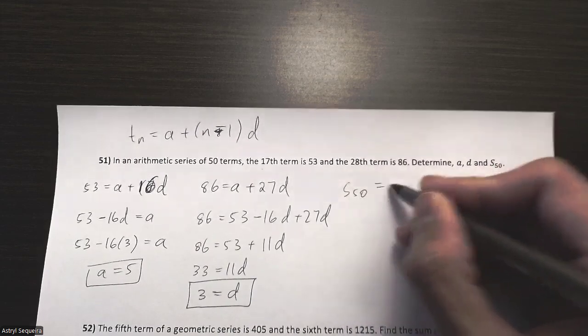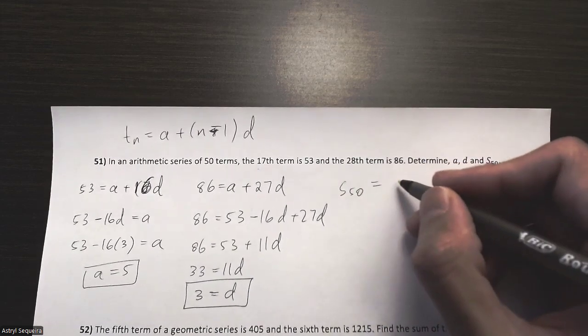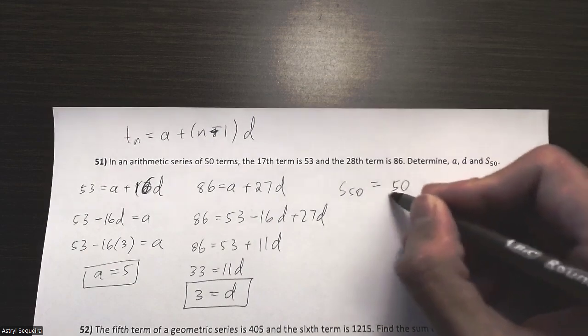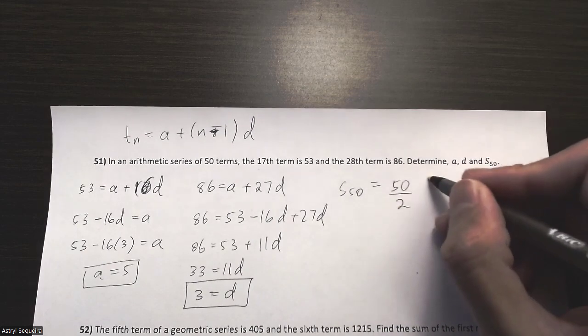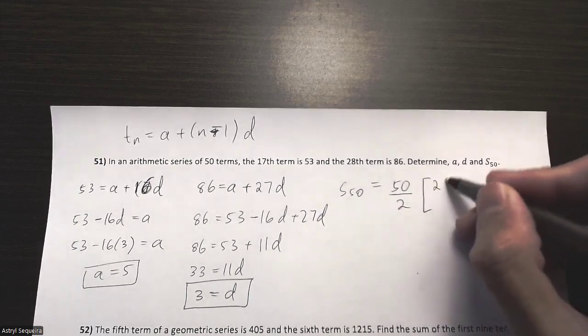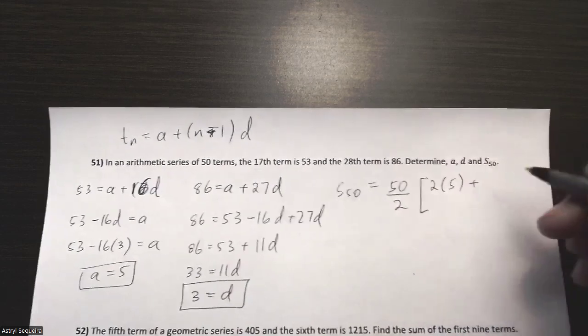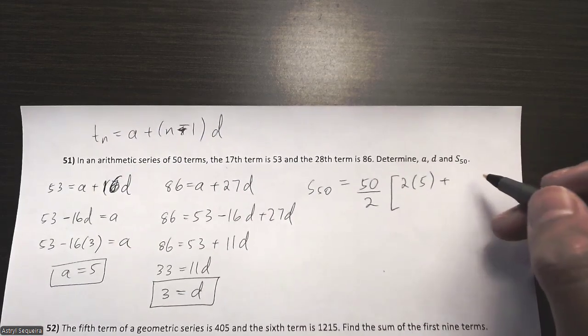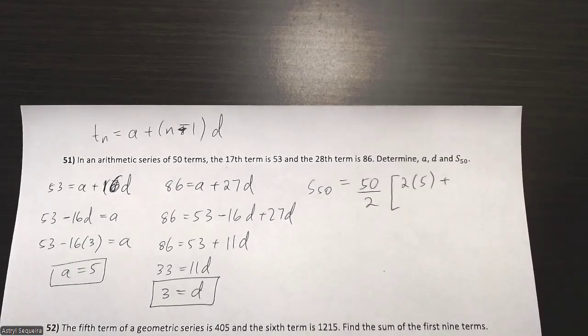So S50 equals n over 2 times 2a plus n minus 1 d. I've got to look up this formula, I don't have it memorized.